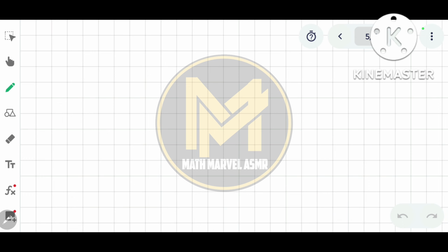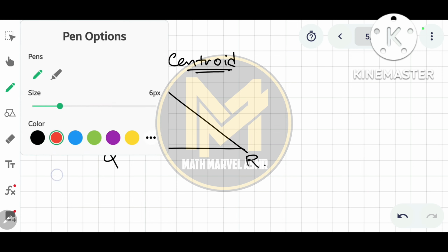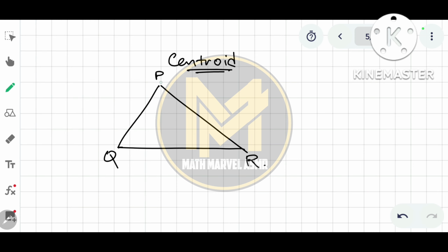Now proceeding towards our last topic today, that is centroid. This is a topic that is very useful in mathematics and also in physics. Draw a triangle PQR. Now draw the median from a vertex to the opposite side.